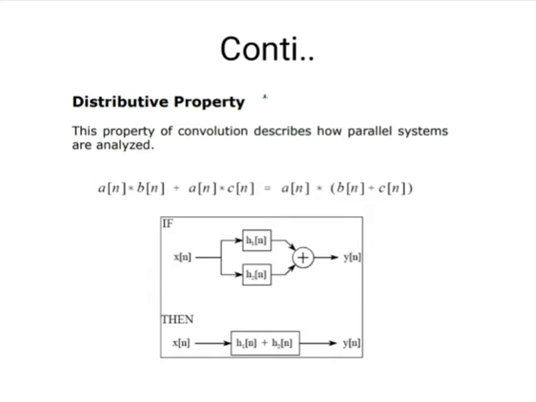Now here h1(t), h2(t), h1[n], h2[n] are the responses of the input and output functions in the case of continuous time and discrete time functions. Next, the stability property.